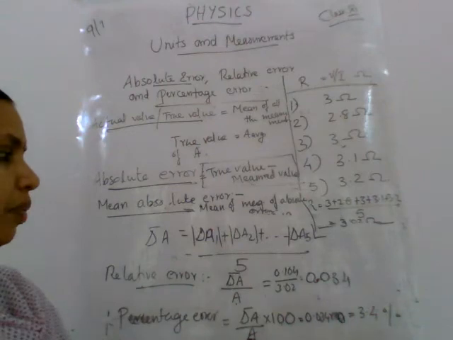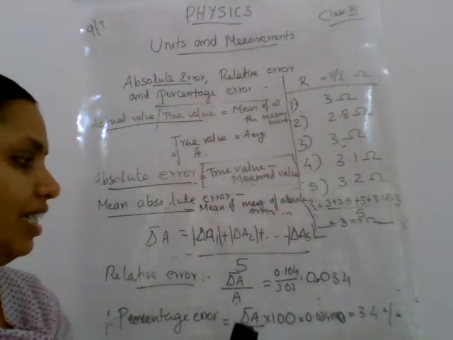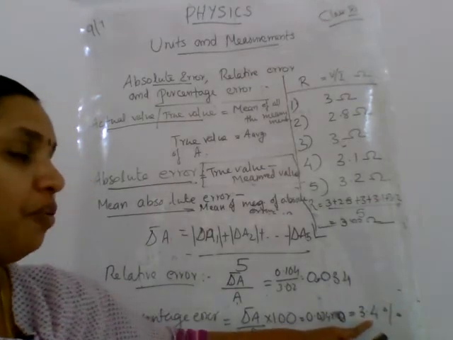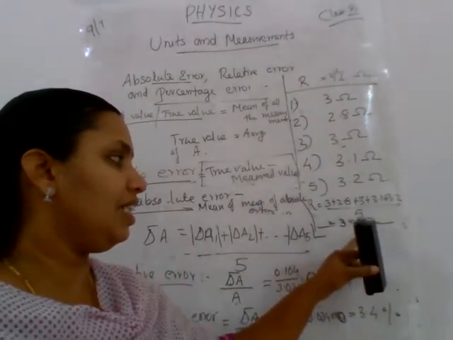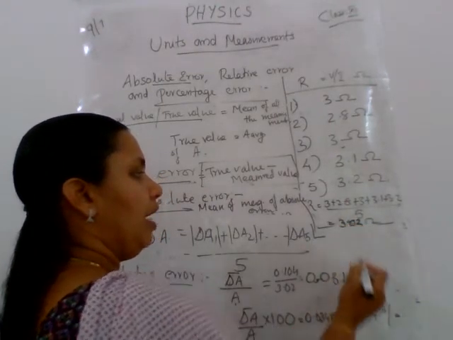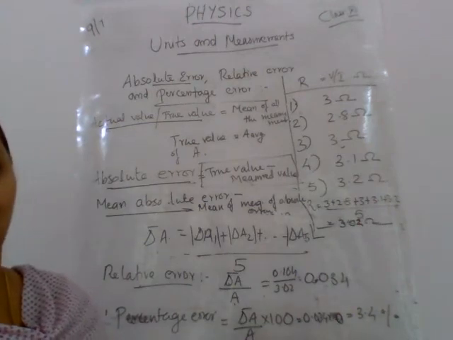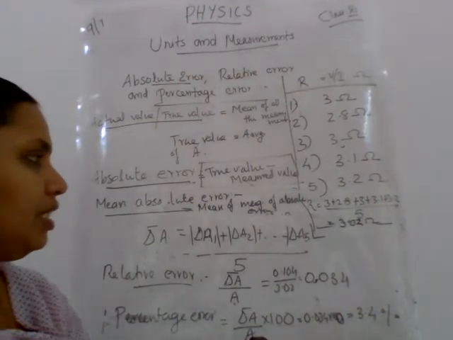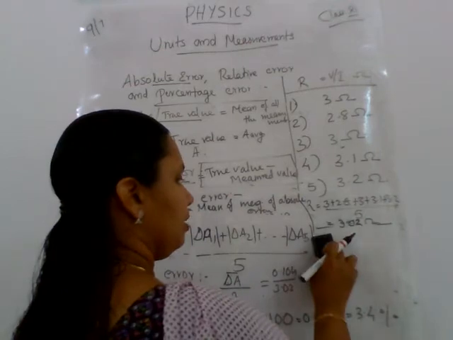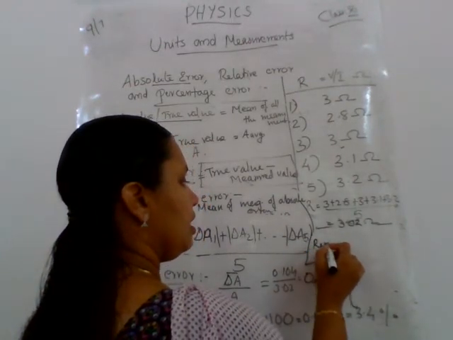It is 3.4 percentage. So what is our error here? Here the error is 3.4 percentage in this reading, in this experiment. From the true value or the actual value, there is an error of 3.4 percentage. So how will you represent the result here? In this experiment, it is resistance, isn't it?